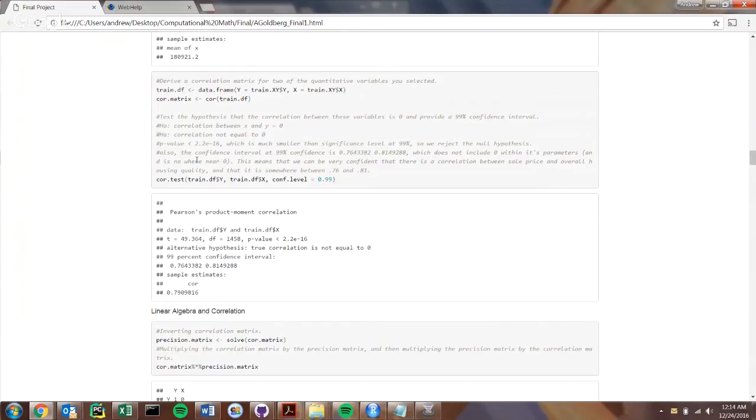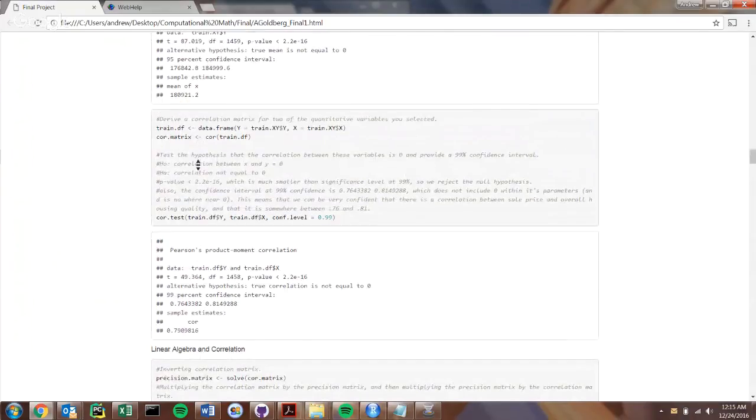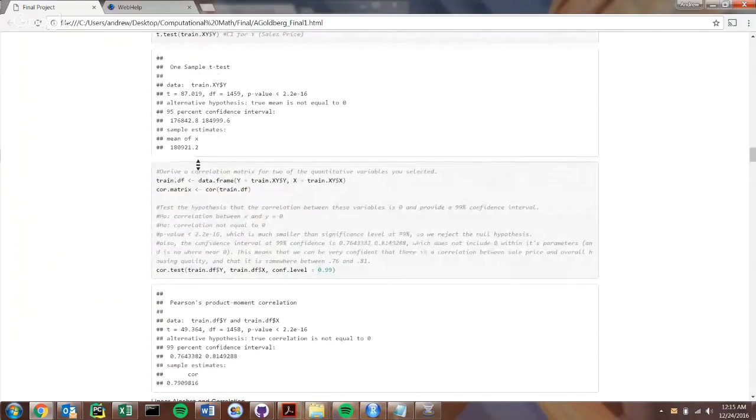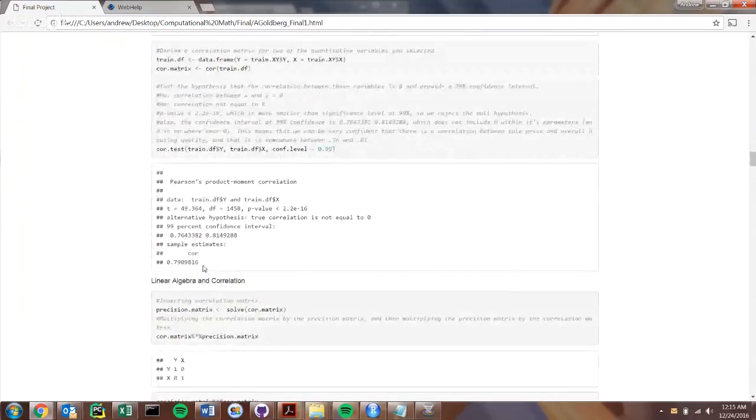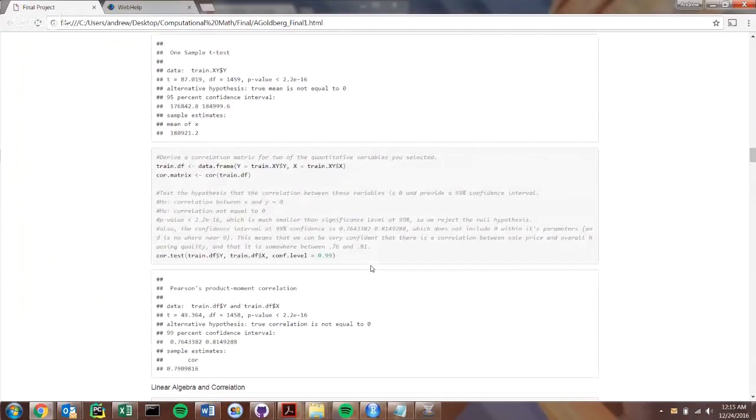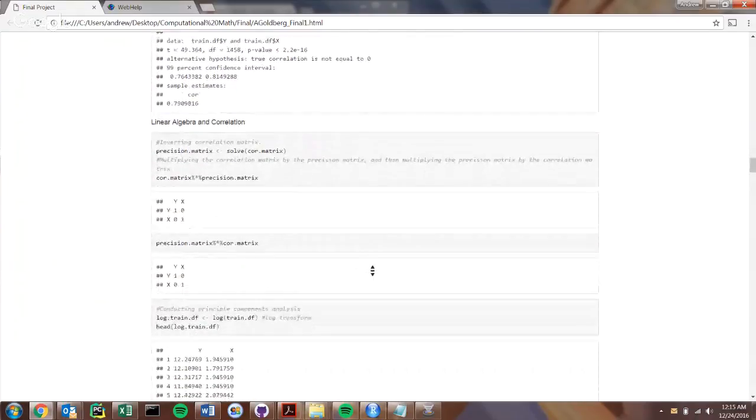If we set the null hypothesis that there's no correlation and the alternative hypothesis that the correlation does not equal 0, we look in again, the p-value is very small, the significance value at 99%, so we can reject the null hypothesis. Getting a little ahead of myself, the correlation is somewhere around 0.8, which is, as we expect, a little bit higher given these two variables.